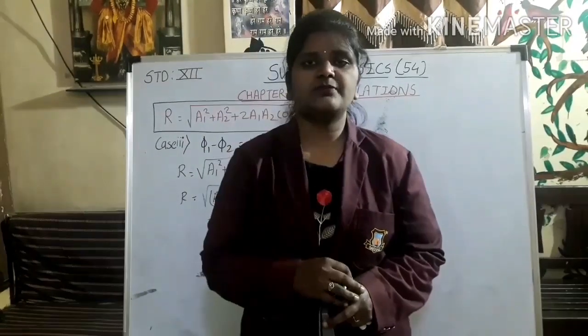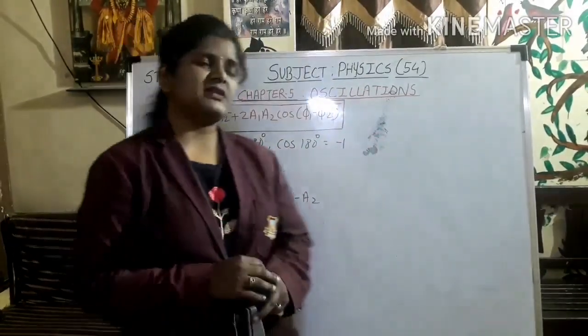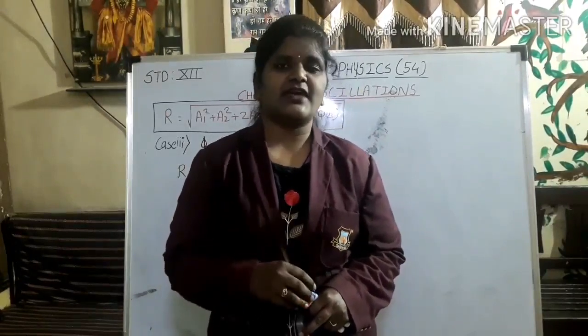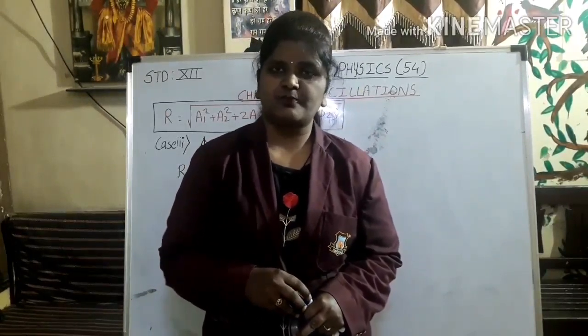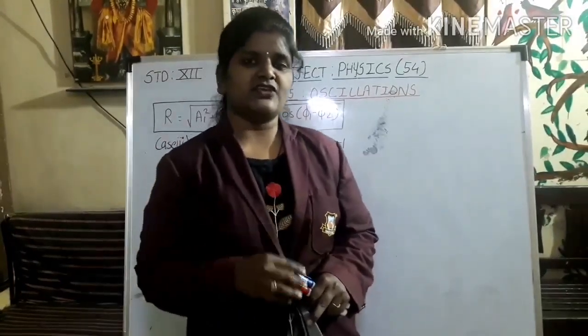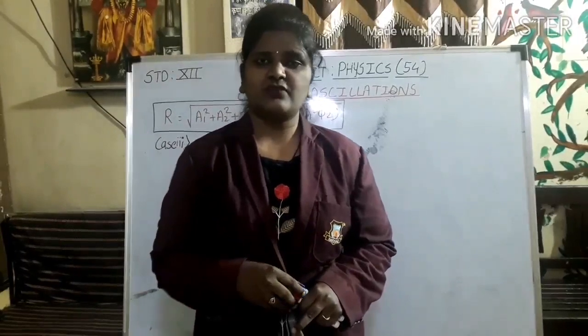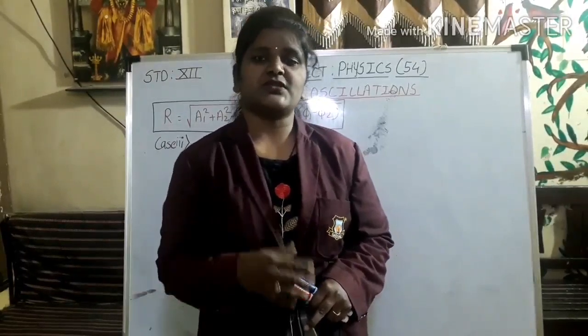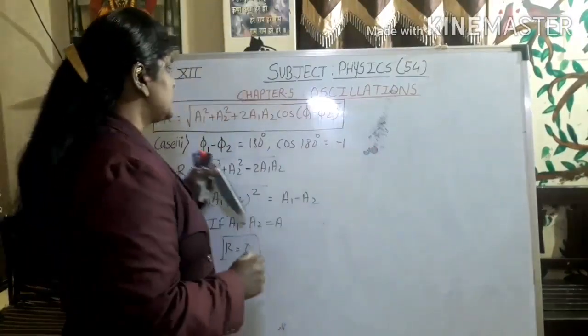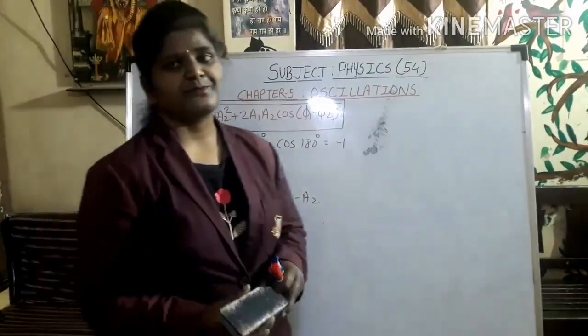In the third condition, where we put phi1 minus phi2 as 180 degree, then we got r as a1 minus a2. After substituting values for a1 and a2 as both are equal, we got the values for the same. Okay, so this is about resultant amplitude.